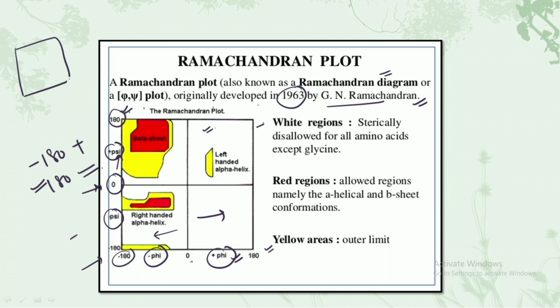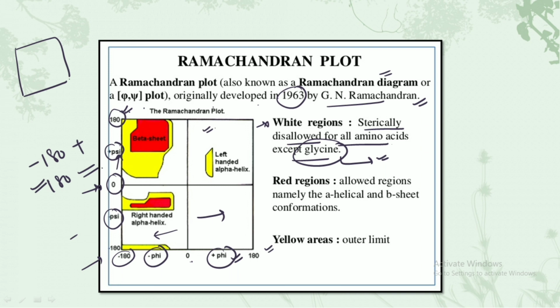The first one is the white region, the region which is white in color, as you can see. It is sterically disallowed for all amino acids except glycine. As we have discussed, glycine is found in the maximum amount, so glycine does not have any allowed or disallowed region in the Ramachandran plot.